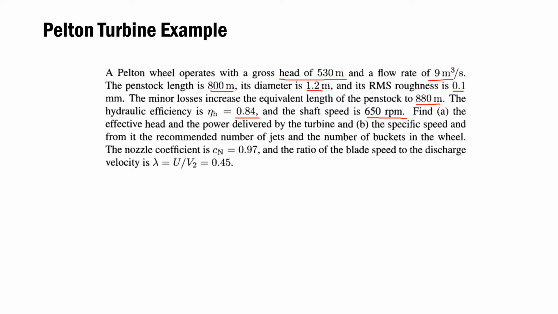We also have the nozzle coefficient, which is equal to 0.97, and the speed ratio, which is equal to 0.45. In this question, we use the lambda symbol to represent the speed ratio, but some textbooks also use k subscript u to represent the speed ratio.